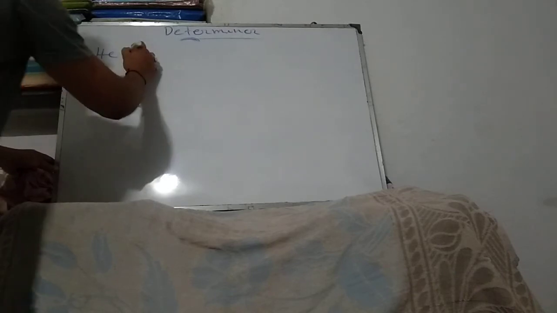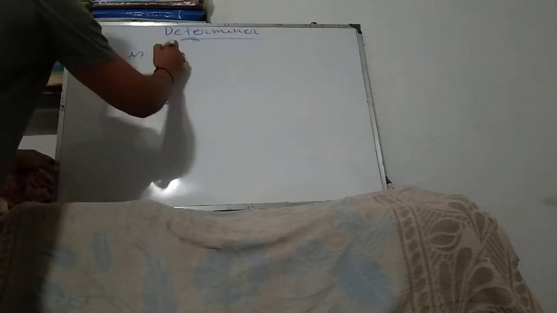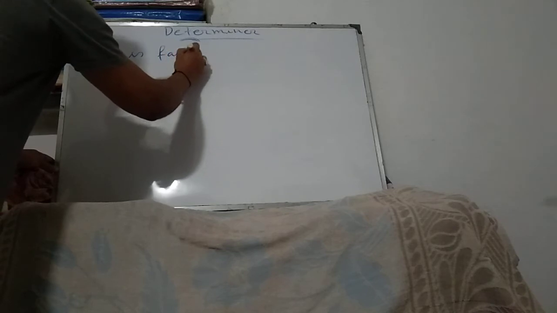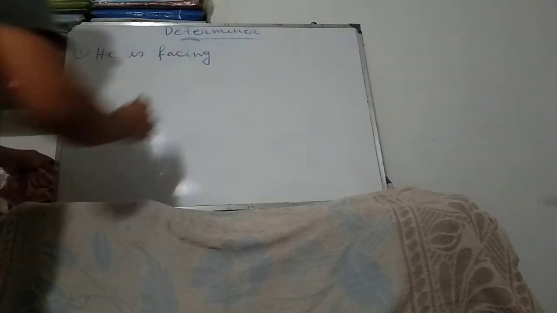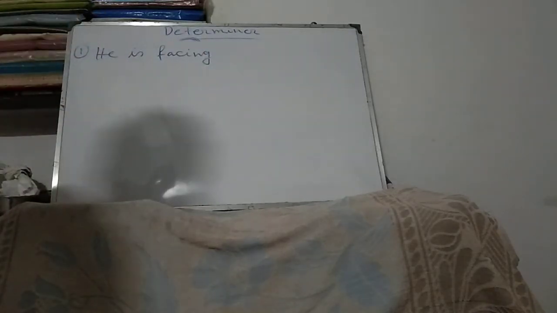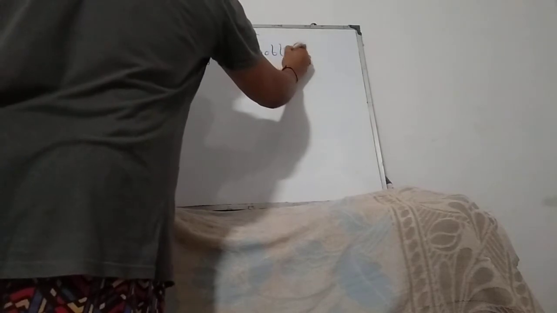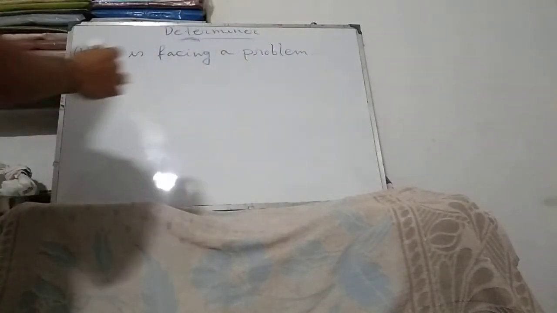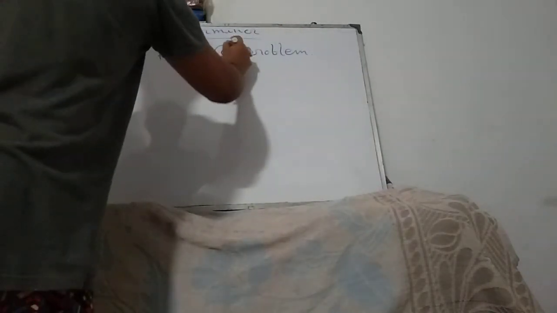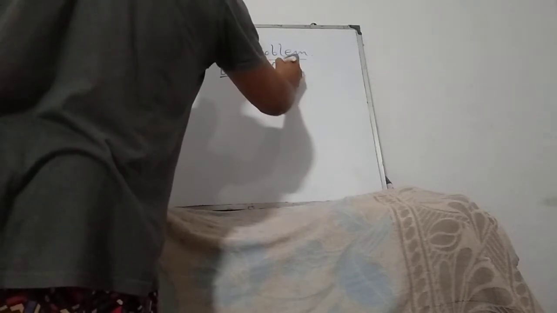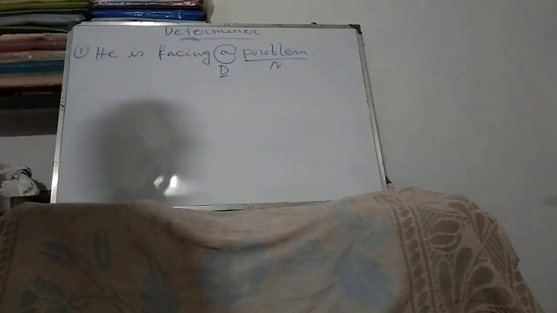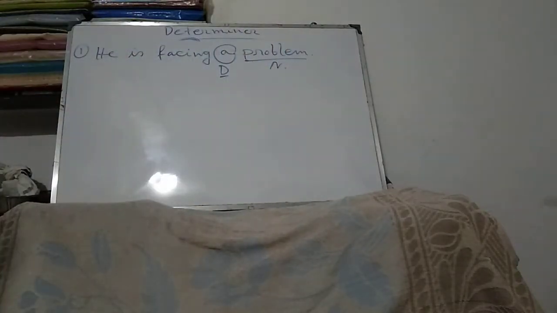He is facing a problem. Look here, a is a determiner, and surely there is a noun after it. Here a is a determiner.